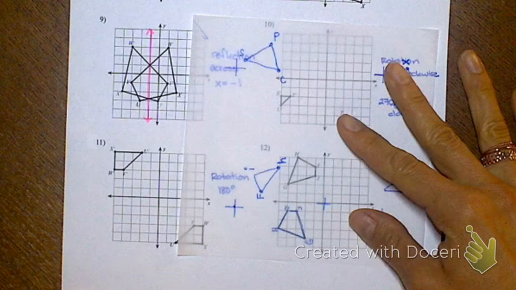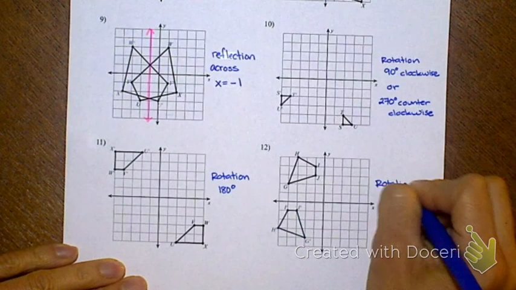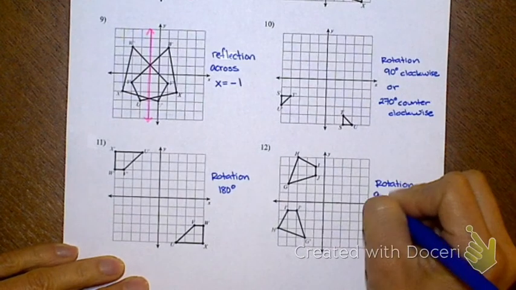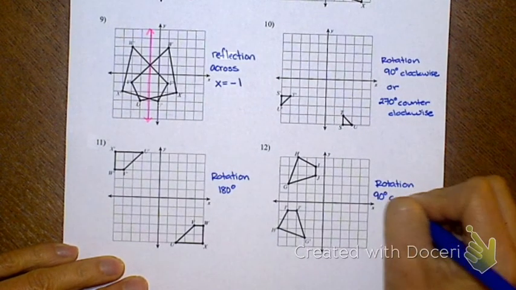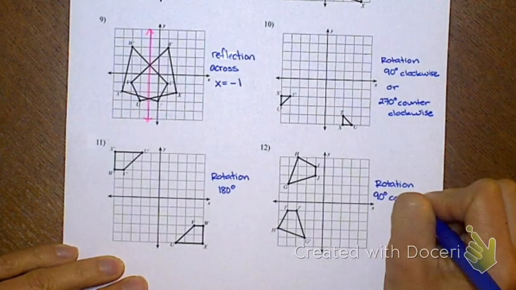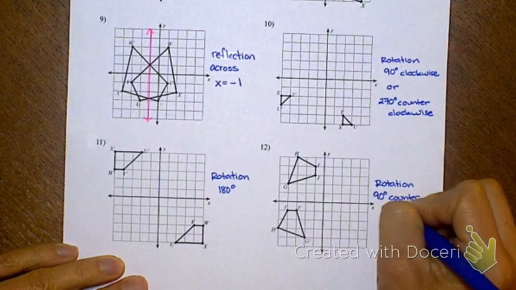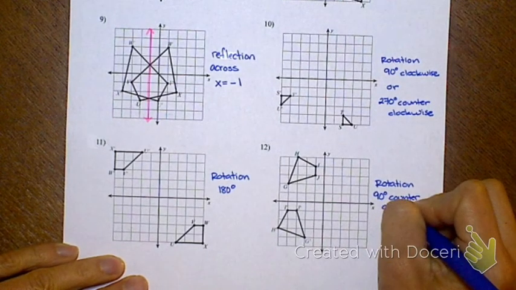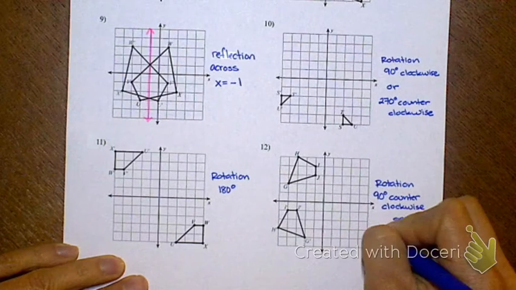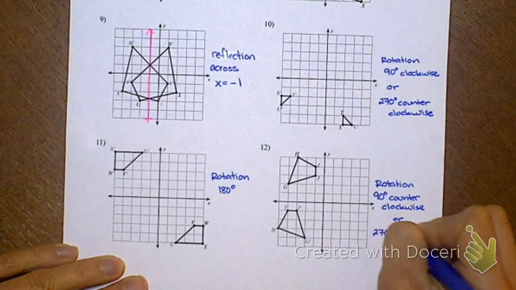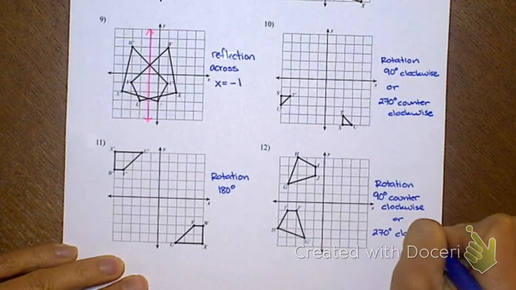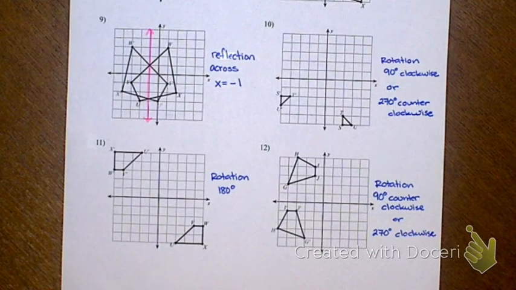Now, what would have produced the same outcome if we went the opposite direction? Yeah, clockwise 270 would have produced the same outcome. So we could have also had 270 clockwise. All right, are there questions on anything we did today?